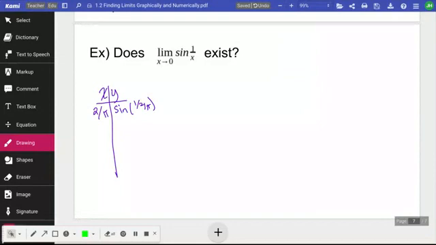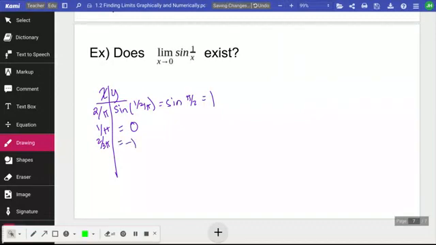When you divide by a fraction, it's the same as flipping that fraction. Sine of pi over 2 is 1. I would intentionally pick values that give me things like that, so that sine of pi is 0, sine of 3 pi over 2 is -1, and so forth.